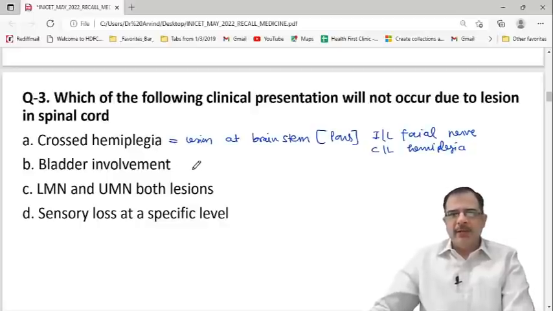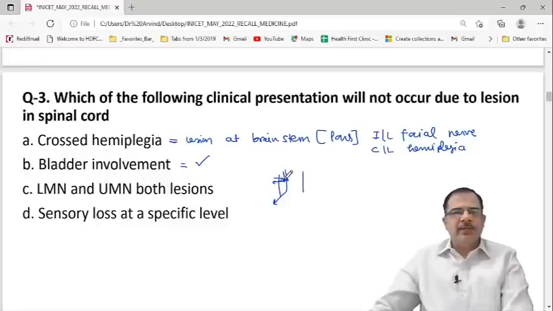While bladder involvement can occur in a spinal cord lesion, yes, true. UMN and LMN, both lesions can be seen. Yes, it is true, because in the spinal cord, these fibers of lower limbs are going here, and this is a fiber of upper limb.